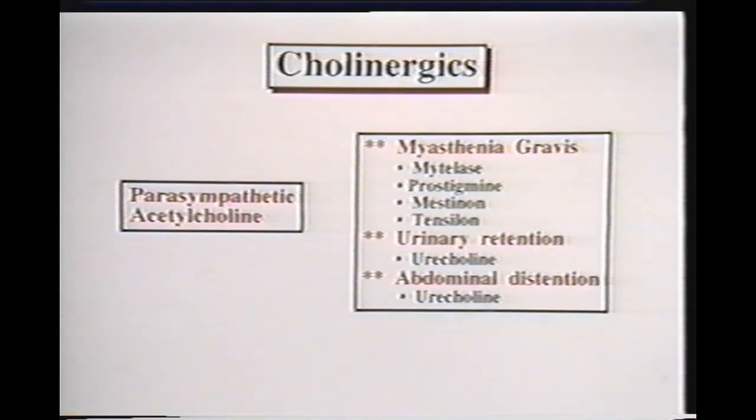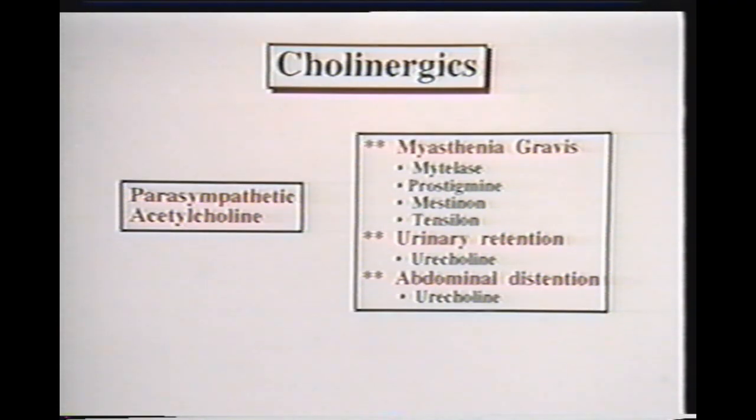Now, let's talk about the cholinergic system. Cholinergic drugs are ones that produce those parasympathetic effects on the body. So a cholinergic drug is going to increase the digestive types of function. We can use cholinergic drugs in the treatment of things like abdominal distension.